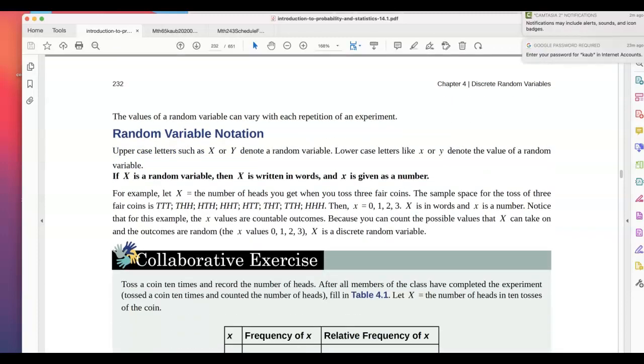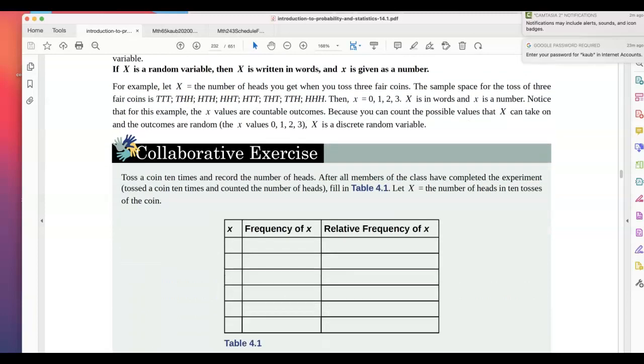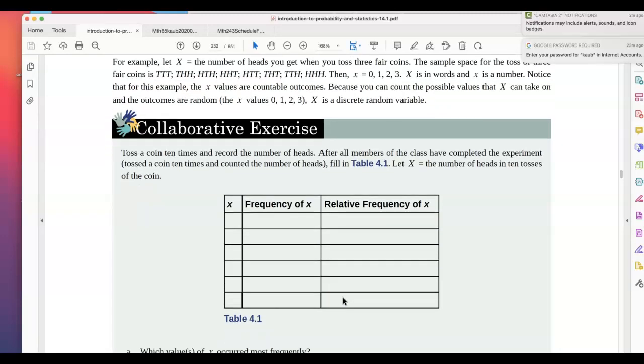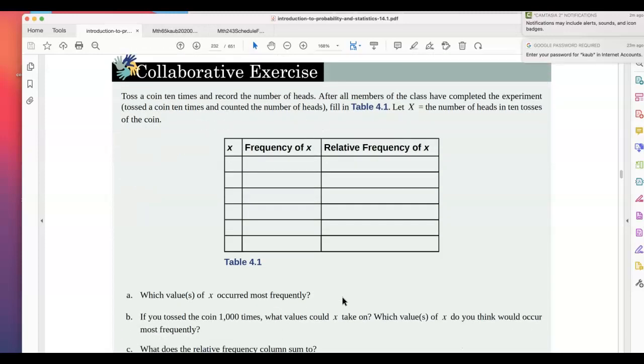All right, so when we create a frequency table and we create the relative frequency, this relative frequency is what we call the probability frequency of the table, as long as we are using very large numbers.